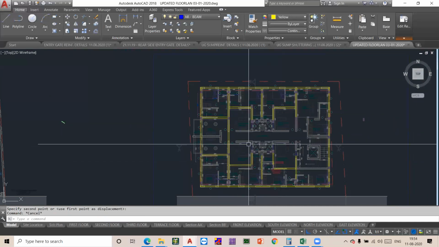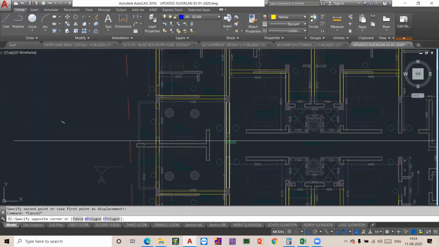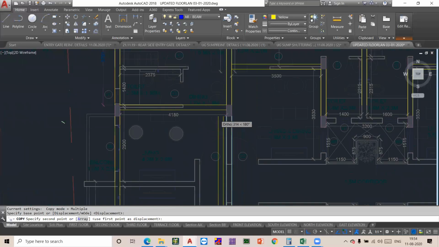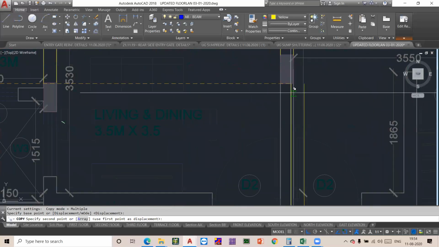Okay, and in the same fashion beams will be placed again here.